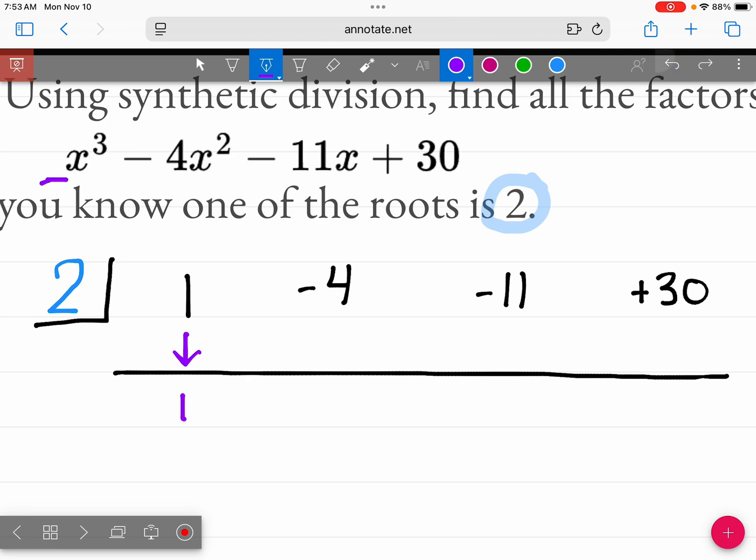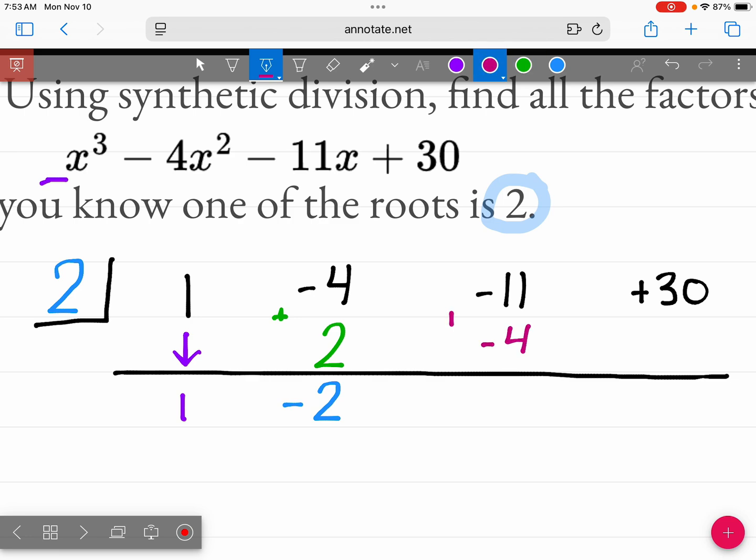Bottom times the left and put it under. So we're going to have our 1 times 2 and put it under here. Well, 1 times 2 gives us 2. And then we add. Negative 4 plus 2 gives us a negative 2. Then we get to do it again. Negative 2 times 2 gives us a negative 4.